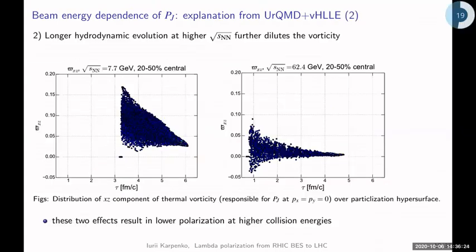And then what happens next is that the hydrodynamic evolution itself dilutes, it actually suppresses the initial vorticity. What you can see on those plots is the time evolution of the vorticity, or to be more precise, the distribution of local vorticities at the freeze-out hypersurface, which in case of freeze-out at fixed energy density starts from very early and continues till the very end of the hydrodynamic evolution.